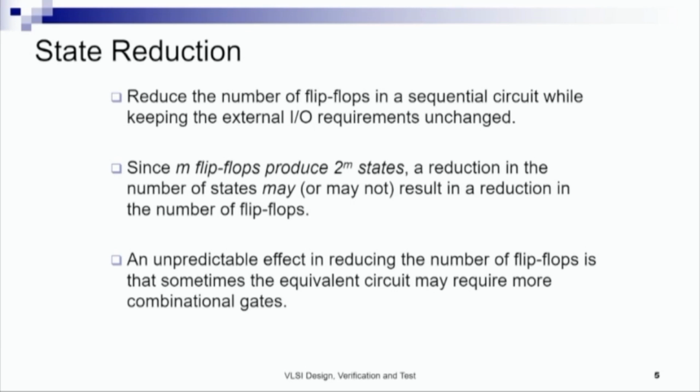For example, if the number of states in an FSM is between 8 and 16, we require at least 4 flip-flops. So if we reduce the number of states from say 15 to 9, we will still require 4 flip-flops to obtain a structural realization of this FSM, and hence we won't obtain a reduction in the number of flip-flops.